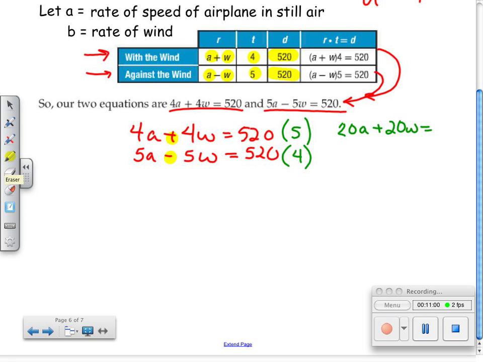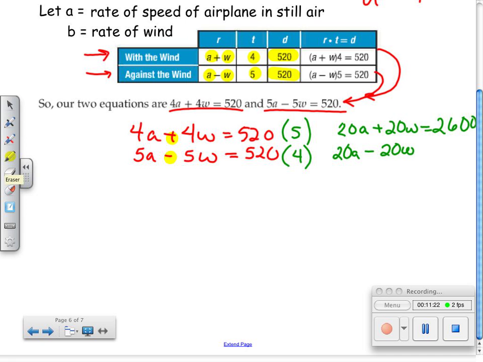So we'll end up with 20A plus 20W equals 520 times 5, which is, excuse me, 2600.